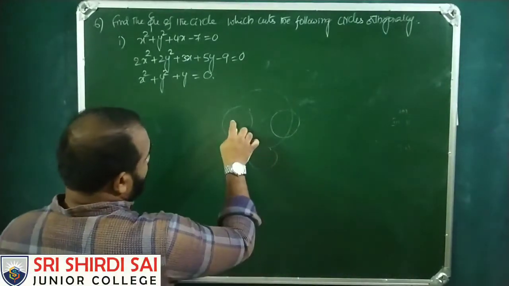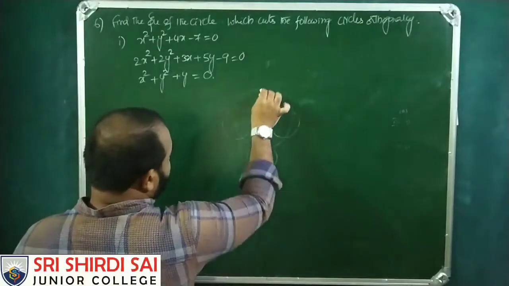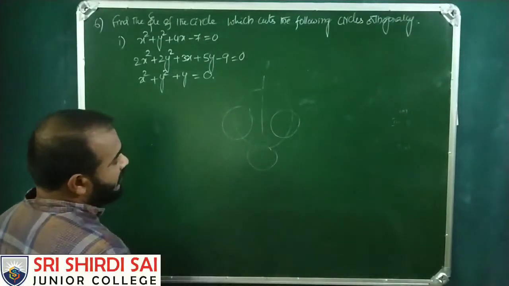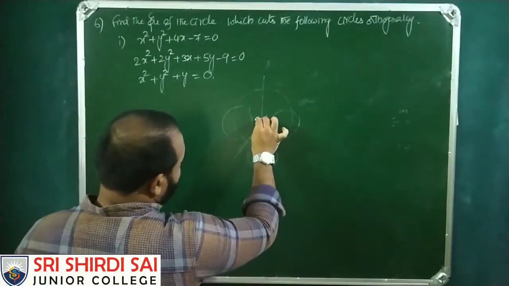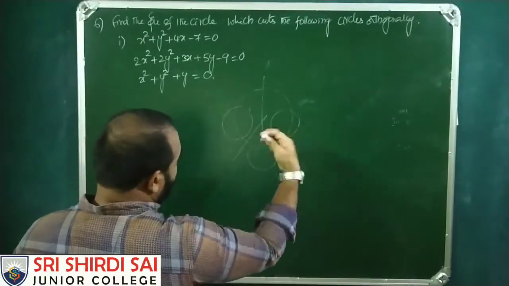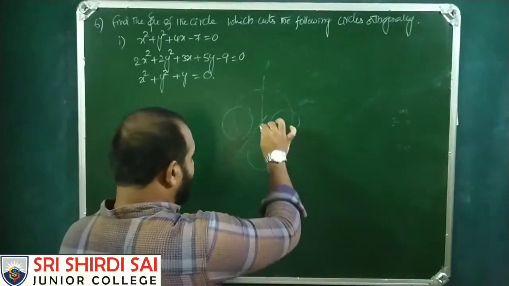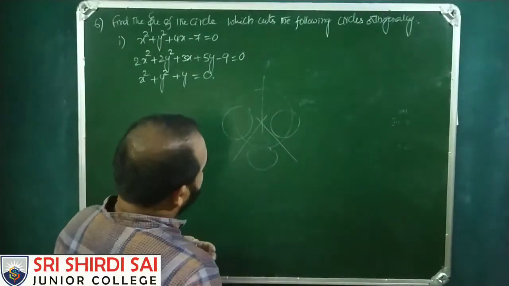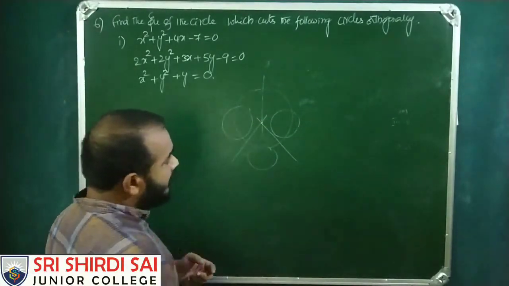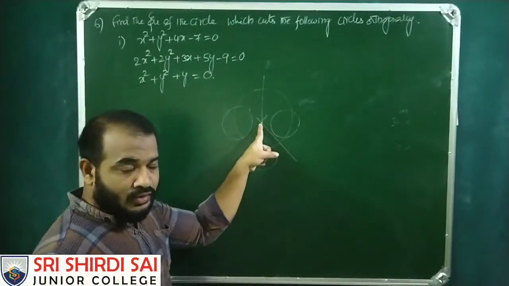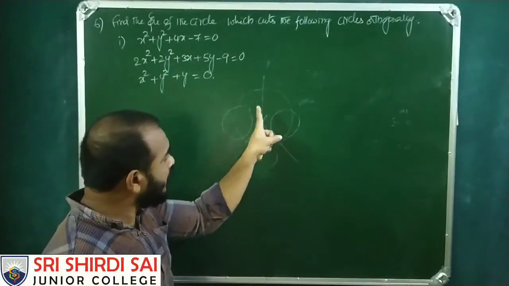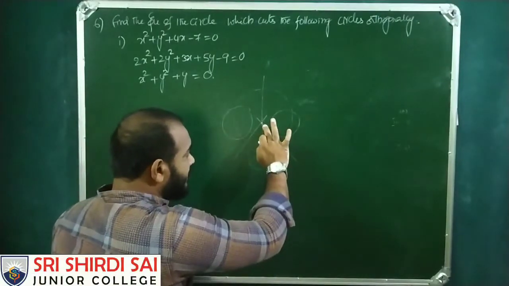The radical axis of these two circles is this, and the radical axis of these two circles is this. But the third is not required, since to obtain the point, minimum two lines are needed. Therefore this is not required.